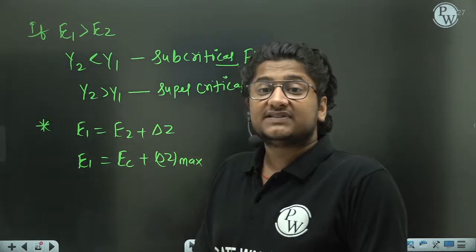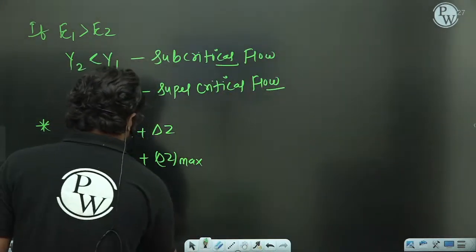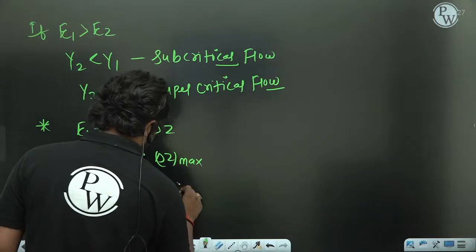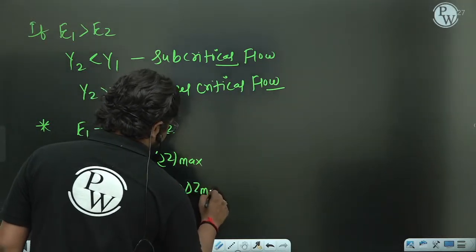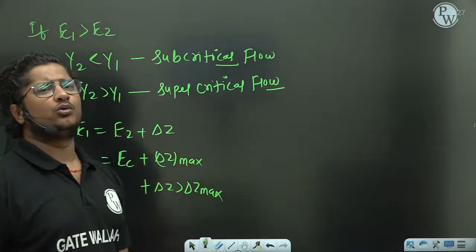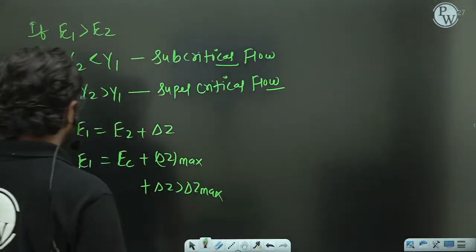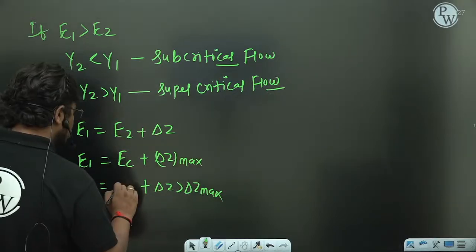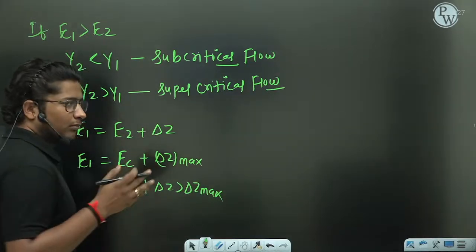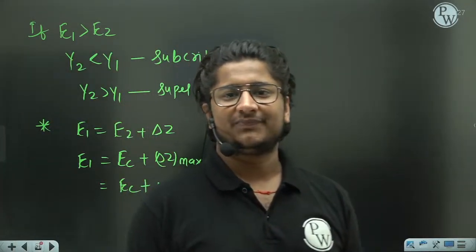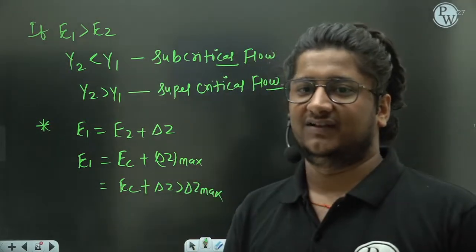But what happens when you give delta Z more than delta Z maximum? This can also happen. Like some mad guy will come and say, no, I want to give delta Z more than the critical value. Okay, give it. E2 is EC. More than that you cannot do. Already E2 is at minimum level.